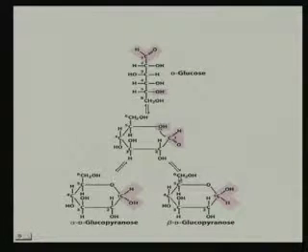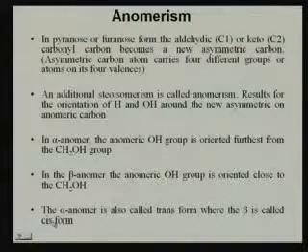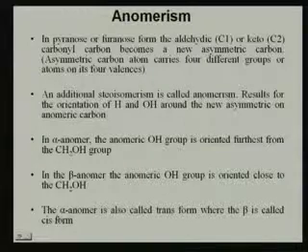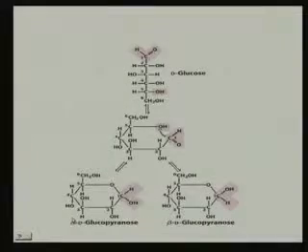And when this hydroxyl group is close to this CH2OH group, then it is the beta form, or it is called the cis form. So alpha anomer is called the trans form, whereas beta is called the cis form. That means this is the trans and this is the cis orientation of this glucopyranose, alpha D-glucopyranose and beta D-glucopyranose.